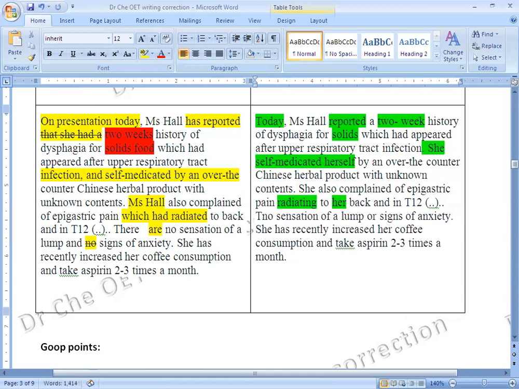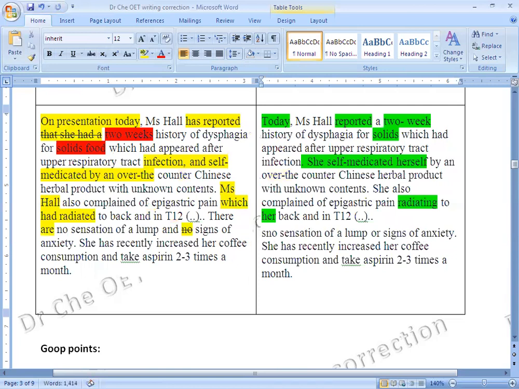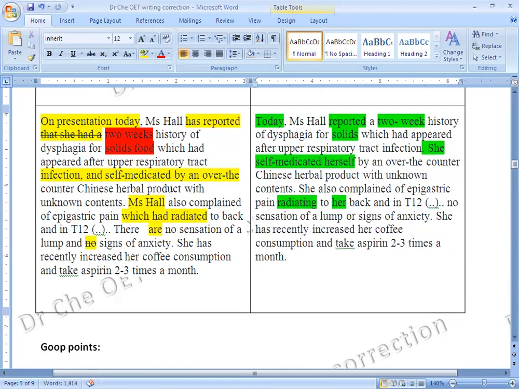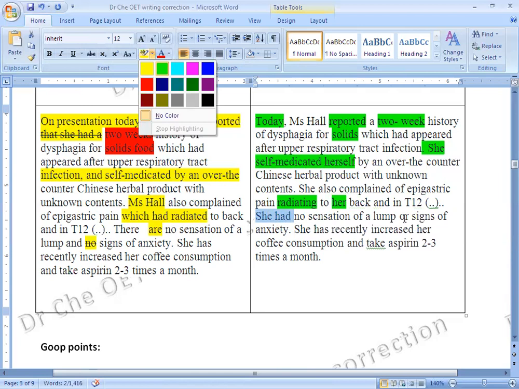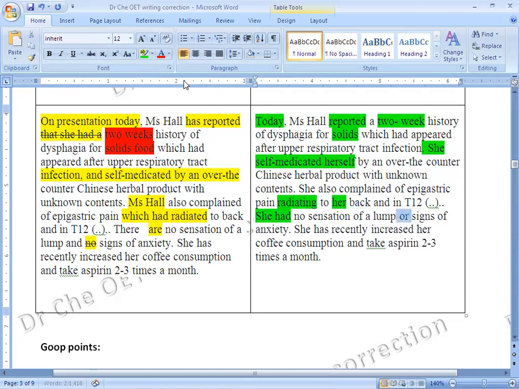I would prefer it like this. She had no sensation of a lump or signs of anxiety.